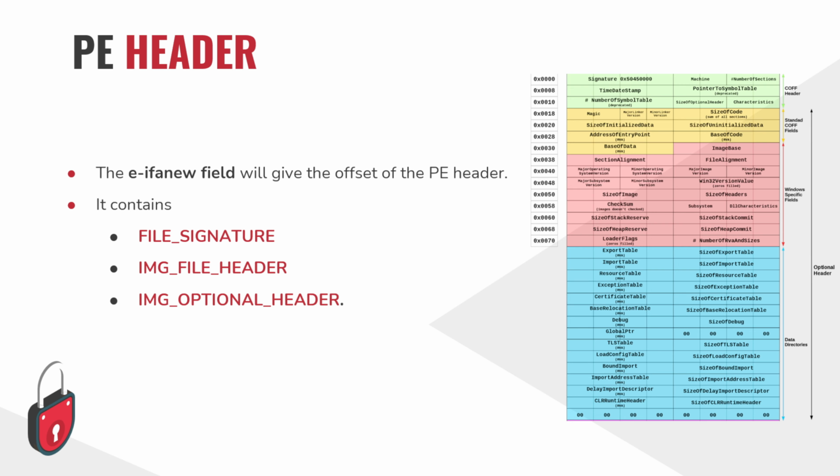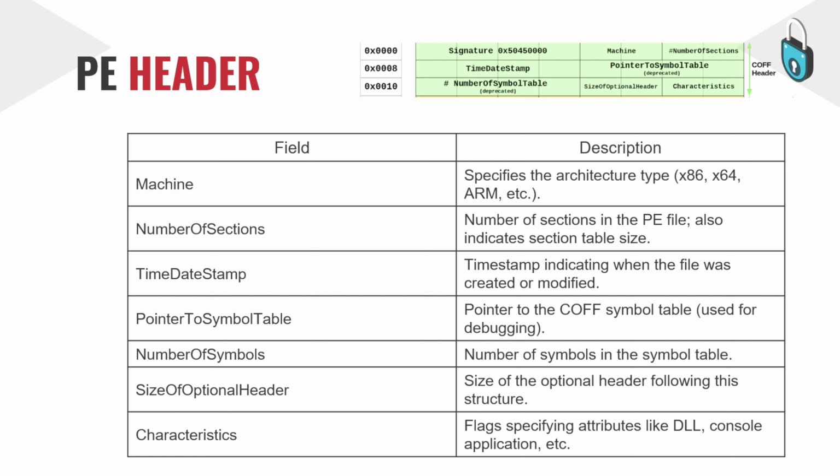The next is the PE header, which contains the file signature, image file header, and image optional header. You can see on the right side the structure of the PE header. The first section of the PE header contains important information like machine architecture, number of sections present in the PE file, and the time date stamp indicating when the file was created and modified.